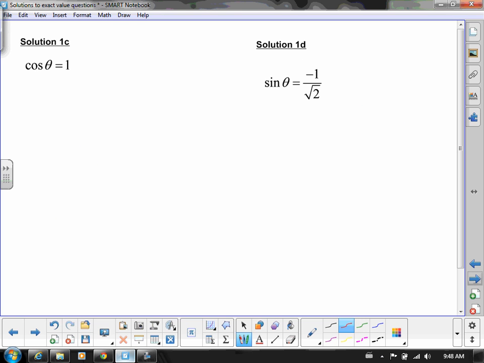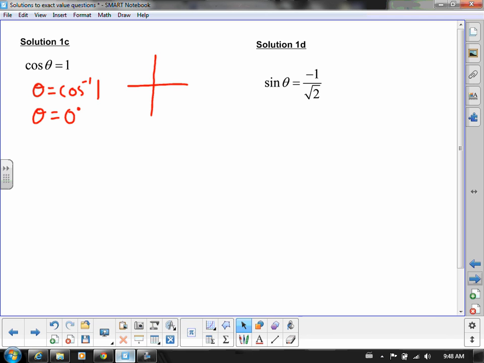Okay, so the last two examples that we're going to look at, we have cos of theta is equal to 1. Now this one is a little bit different because it's not an actual ratio. It is 1/1, but your answer isn't actually in any quadrant. It's on the axes. So if you take your calculator and do the inverse, your calculator is going to tell you that your answer is 0 degrees.